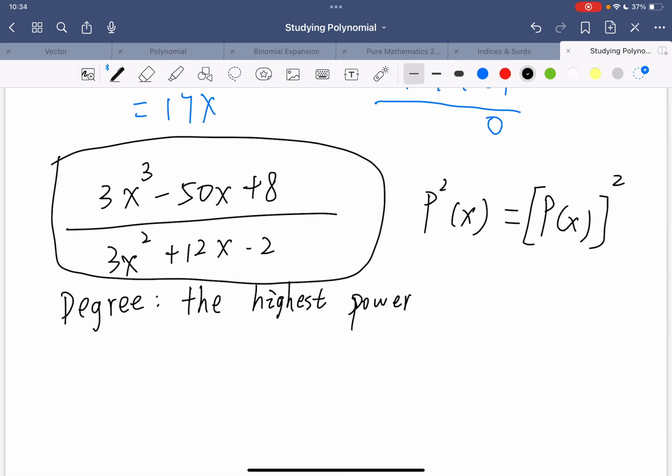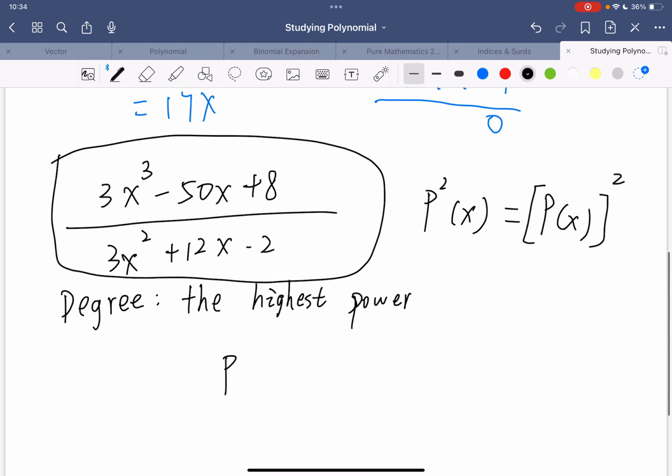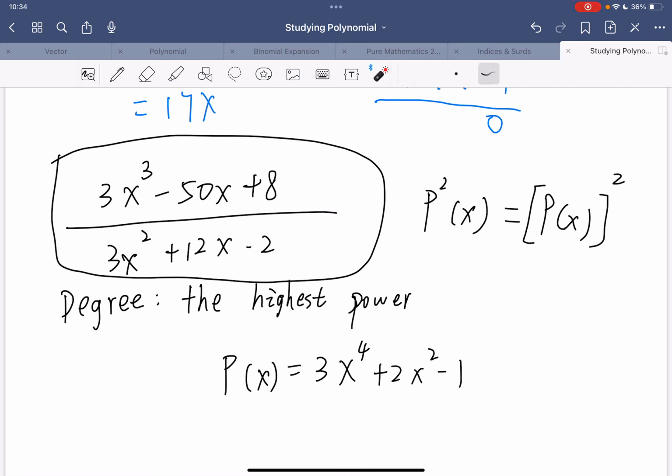So why should we recall this concept? Because, for example, p of x represents 3x to the power 4 plus 2x squared minus 1. In this example, the degree is 4. What if we square the expression?